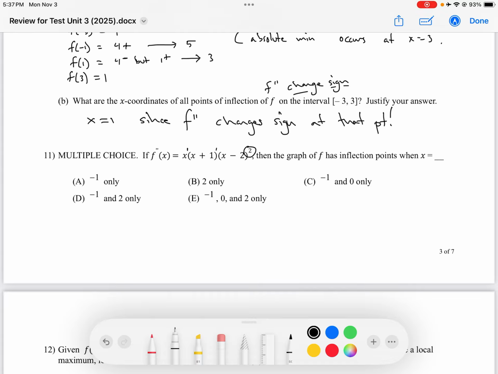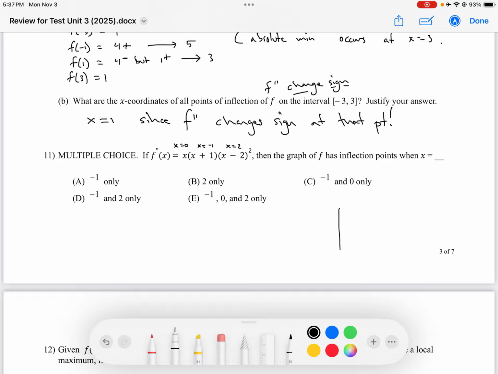But if the multiplicity of that root is 2, if it happens twice, then you're not going to cross the axis. So this function right here changes sign at x equals 0 and x equals negative 1, but not at x equals 2.